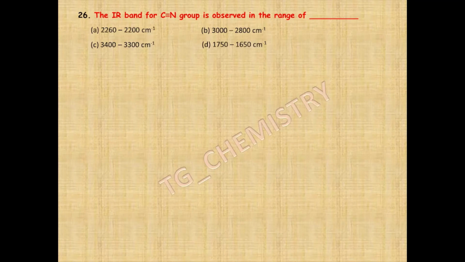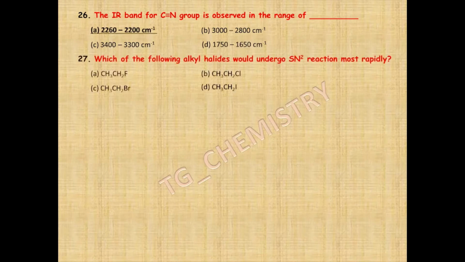Now typically for C triple bond N, the IR spectrum band is at option A, 2260 to 2200 centimeter inverse. So option A is the right answer.